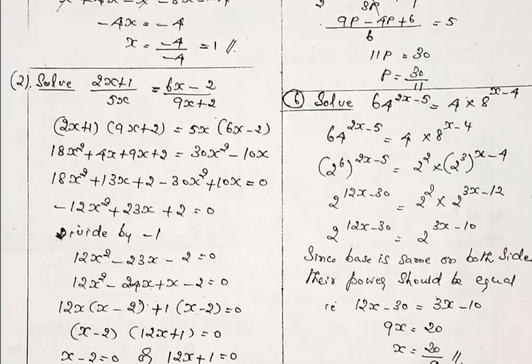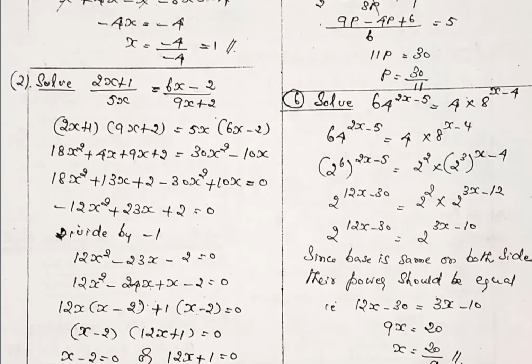Cross multiply it. 2x plus 1 multiplied with 9x plus 2 equal to 5x into 6x minus 2, so cross multiply. Then as usual, using the previous type idea, remove the bracket or multiply the left hand side, similarly the right hand side. 18x square plus 4x plus 9x plus 2 coming. Right hand side 30x square minus 10x coming.